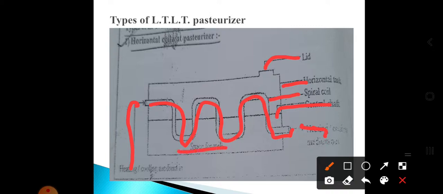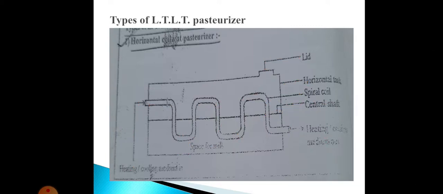And this is the space for milk. Okay, this one is the lid, horizontal tank, spiral coil. You can see the central shaft, and this is the heating or cooling medium outlet, and this one is the heating and cooling medium inlet, and this is the space for the milk.